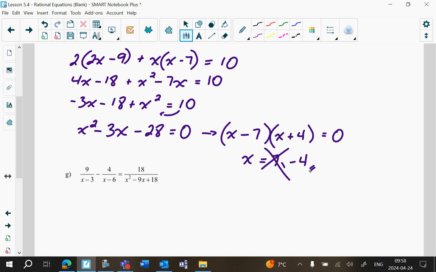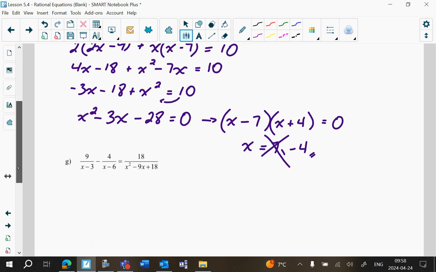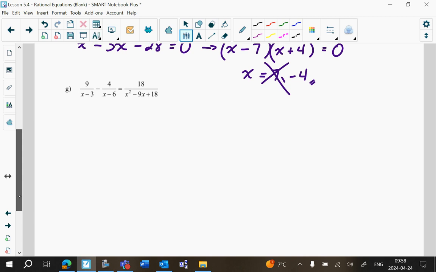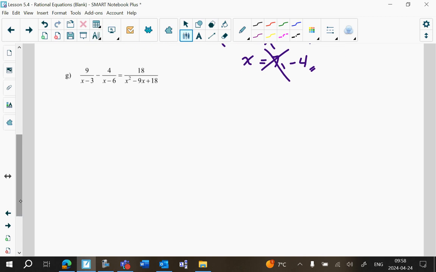Okay, this last one. Well, let me remind myself, any factoring? Yeah, the last fraction, the fraction on the right-hand side.